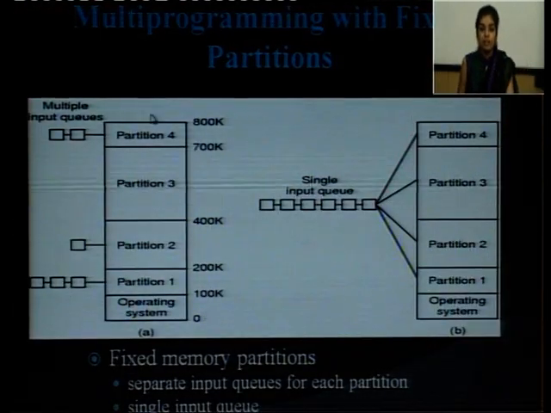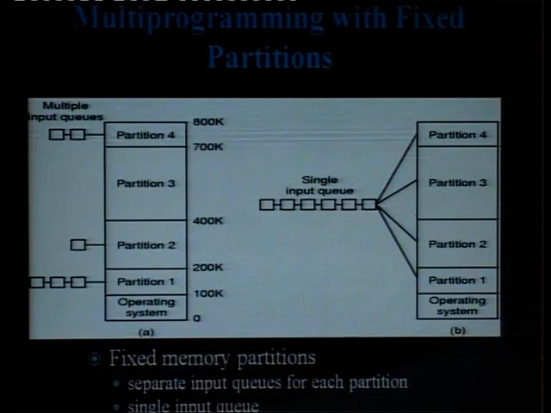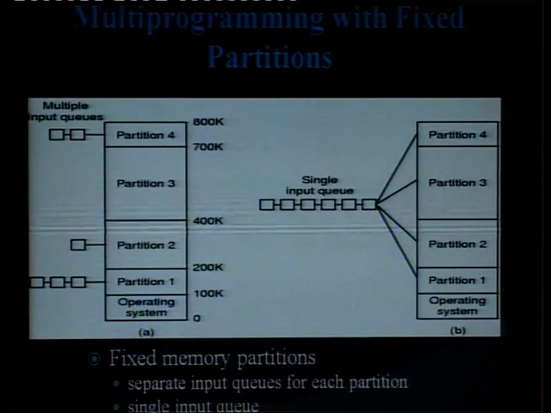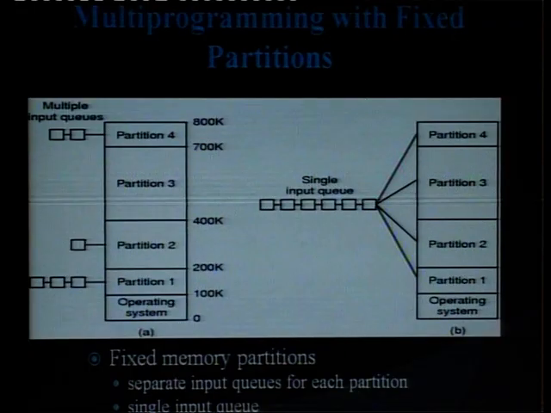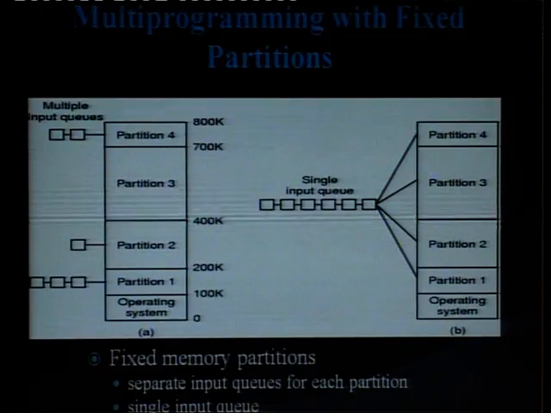Actually, we have fixed partitions in the main memory. Fixed partitioning is necessary in multi-programming, and we classify partitions into two types. First is fixed, another is dynamic. Firstly we discuss fixed partition with multi-programming. Multi-programming means we have a number of processes in our operating system, and those processes occupy space in already partitioned memory.